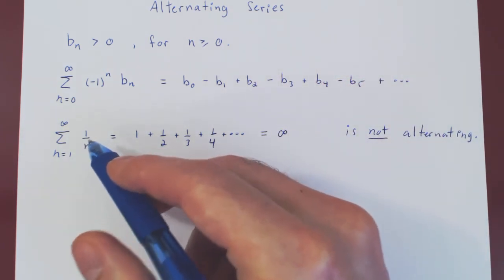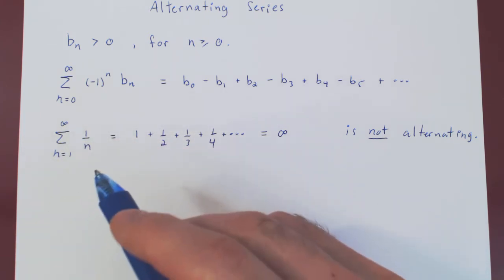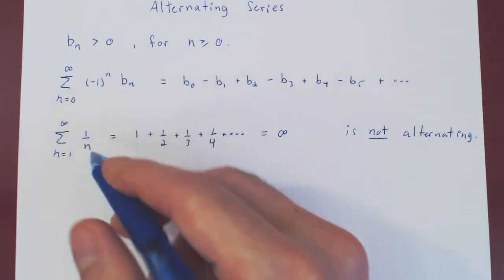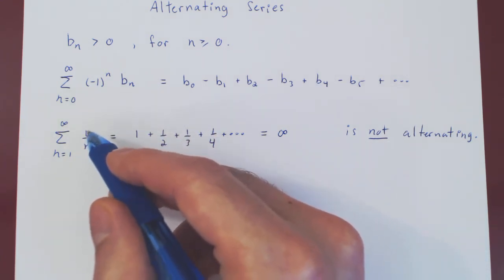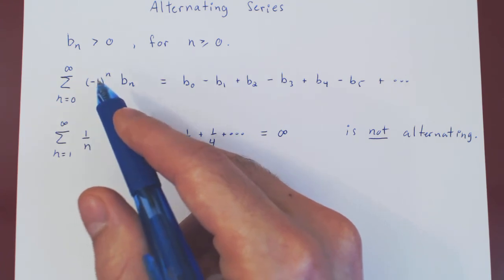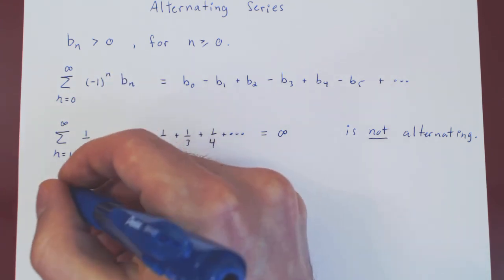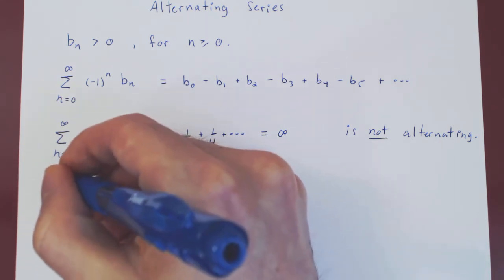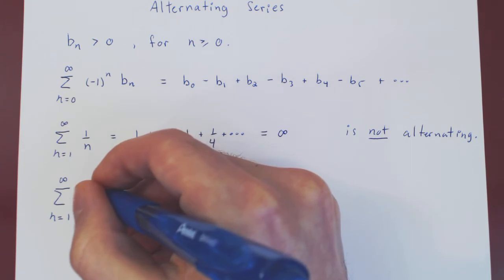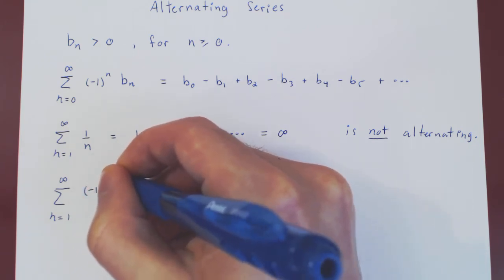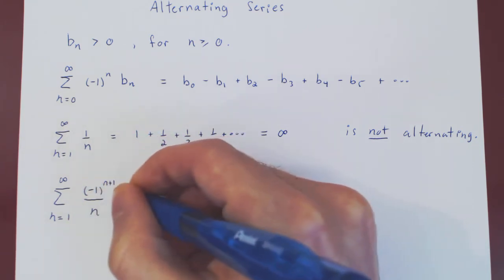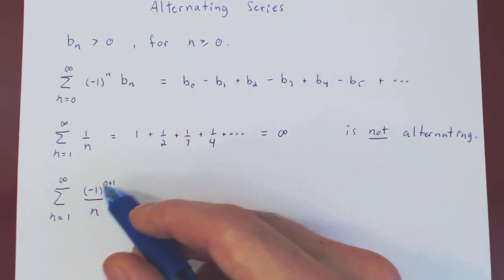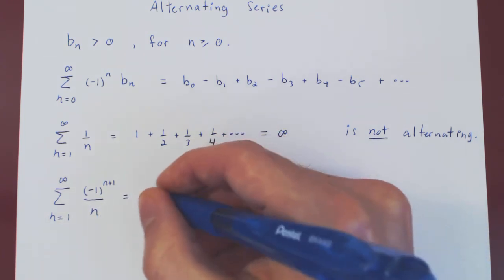But what if we tweak the series just a little bit to make it become an alternating series? What we'll do is slightly tweak our sequence by inserting in the numerator negative 1 to the n plus 1, over n. Well, let's look at the first few terms. When n is 1, negative 1 squared is 1 over 1, so it's 1.